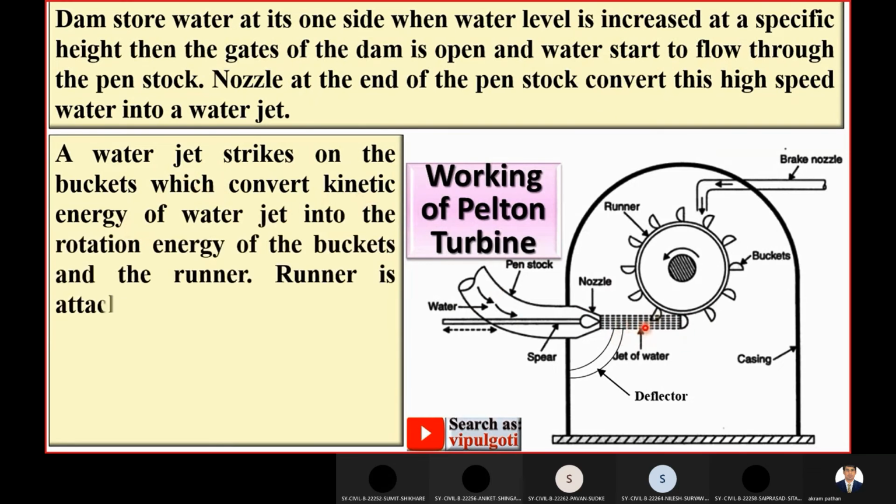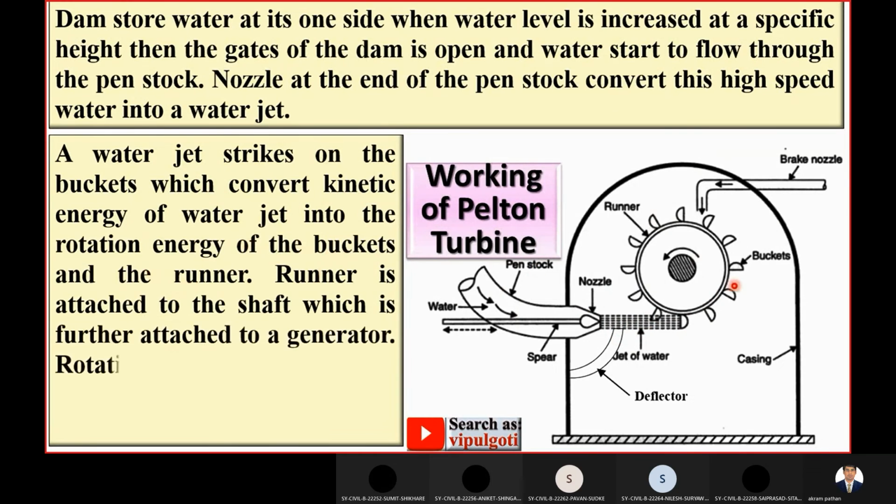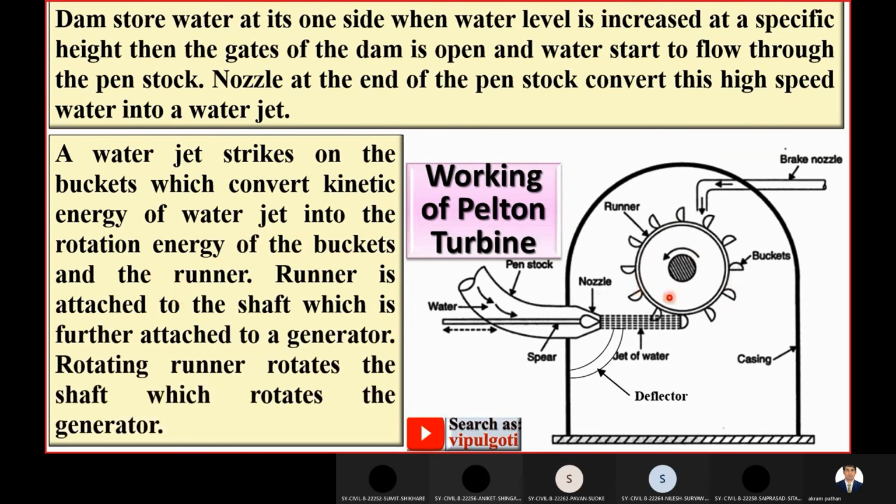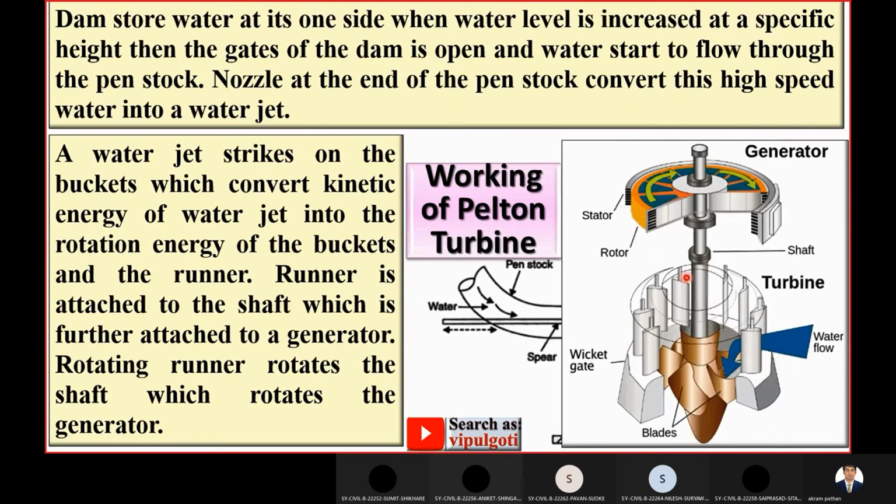Okay, so the force is exerted by the jet of water on a bucket of the turbine. So in this way we can rotate the shaft, or you can say the runner, with the help of the jet impacting the bucket. So this is how the Pelton wheel turbine works.